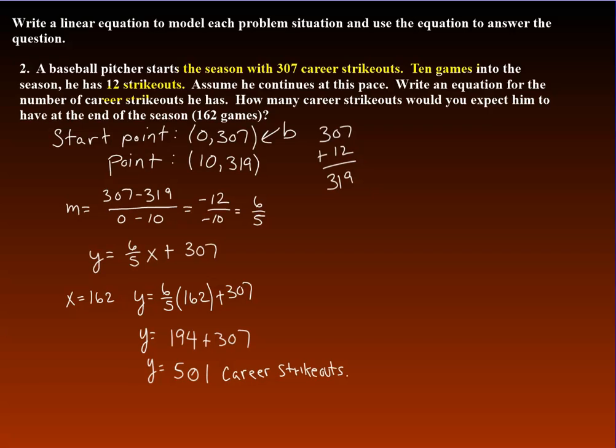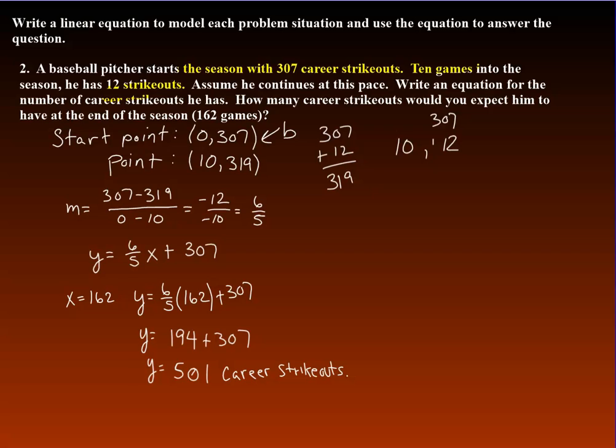Okay, so the first thing you should have found is the starting point is at 0, 307. The second point is a little difficult because after 10 games, he has 12 strikeouts. But remember that he already had 307 strikeouts to begin with.